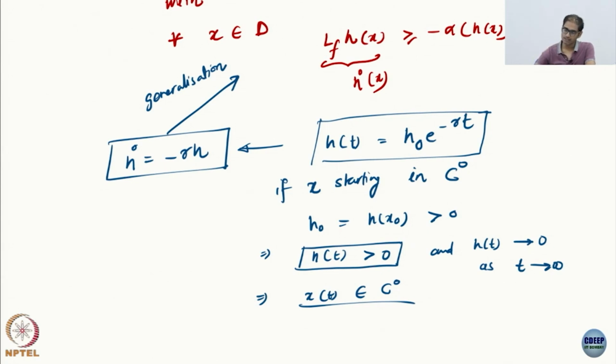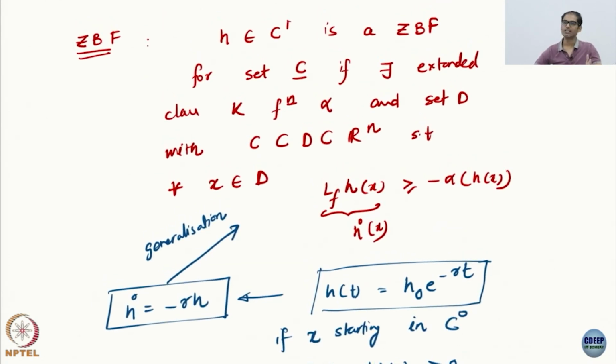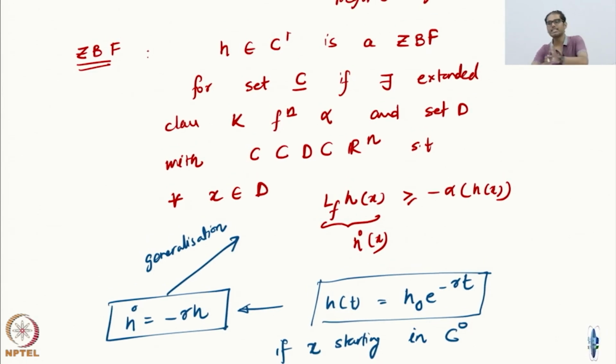I would really strongly suggest that for the same sort of example, you try to construct these zeroing barrier functions. Why is it called a zeroing barrier function? Because at the boundary we did not do anything. Earlier we took a reciprocal, 1 over h of x and things like that. Here we took h itself as the barrier function, and we were just ensuring that h dot is greater than or equal to minus alpha h, which gives it a nice zeroing property.